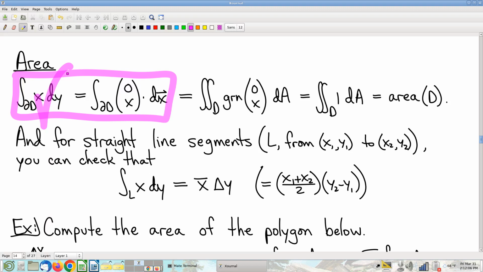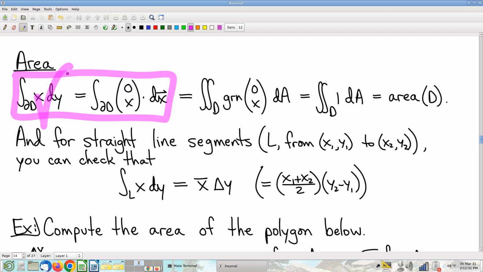Keep in mind, when you have a coordinate line integral, you have to interpret it according to the rules we discussed last time, and you should be able to reproduce that the vector field being referred to here is 0, x. If you have any trouble making that connection, come to office hours. I'm happy to explain. Ask a friend, help room, whatever.